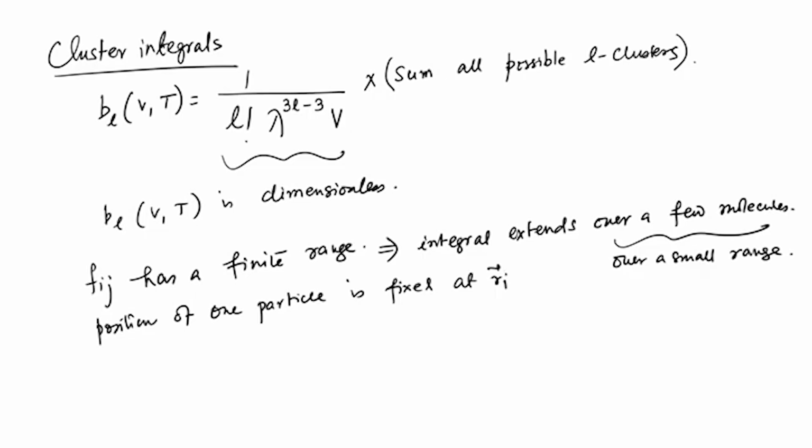Now, when you integrate over or sum over all R_i, that brings in a factor of V, volume, and that volume would cancel with this volume that you see in the denominator in this expression for b_L. Okay.